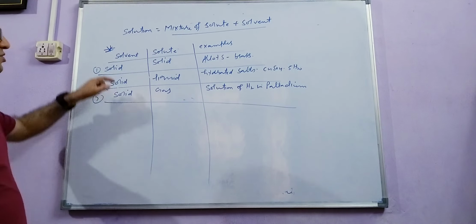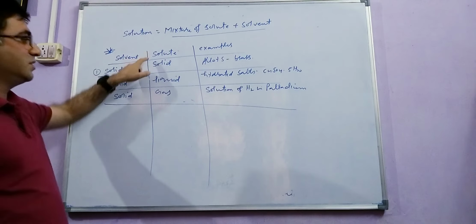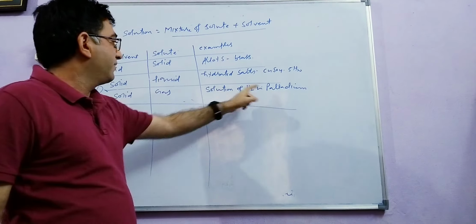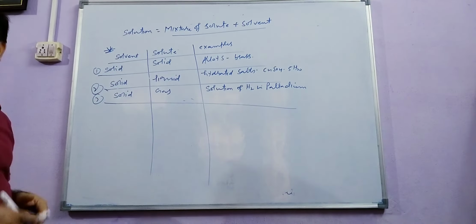A solution in which solvent is in solid form and solute is in liquid form. Number 3, solvent solid and solute gas. Example is a solution of hydrogen gas in palladium. Here solvent is solid and solute is in gaseous form. So H2 serves as the solute and palladium serves as the solvent.